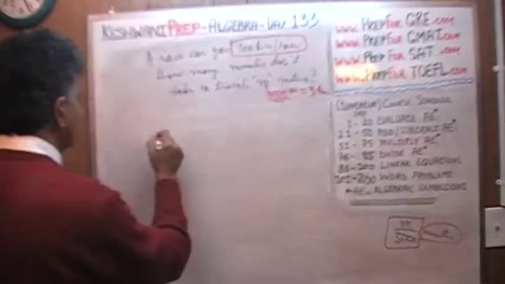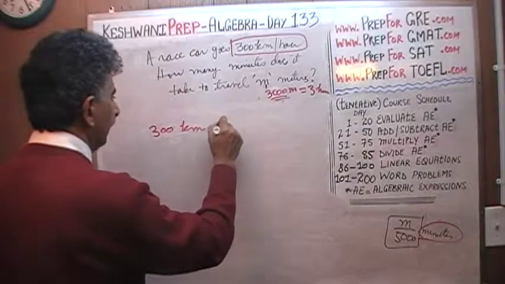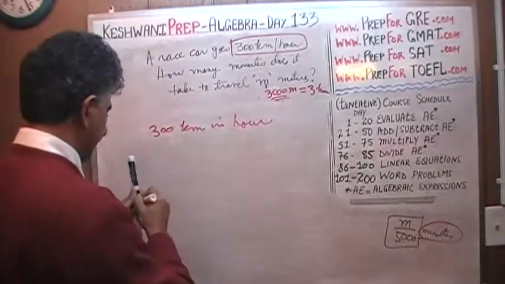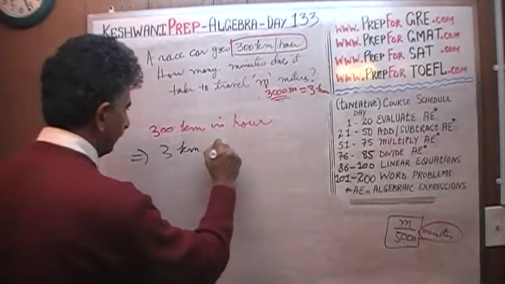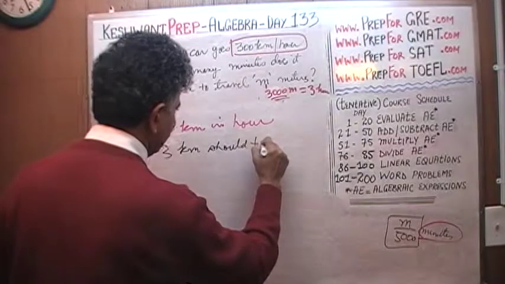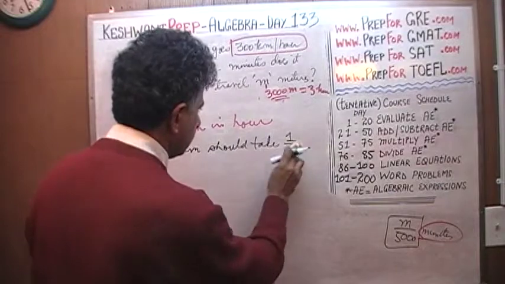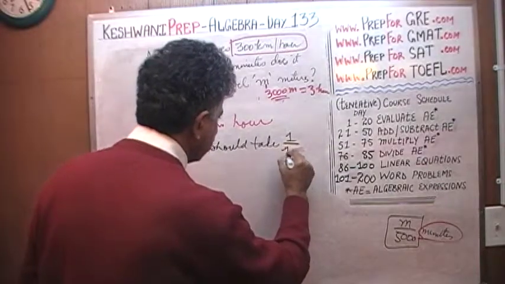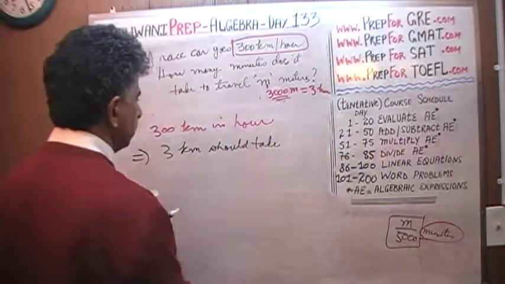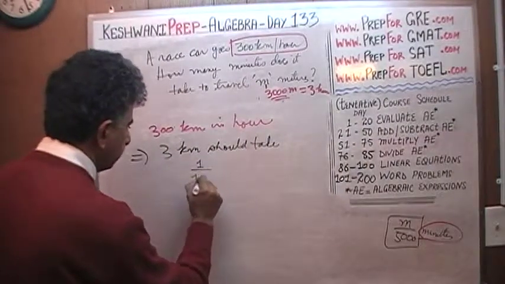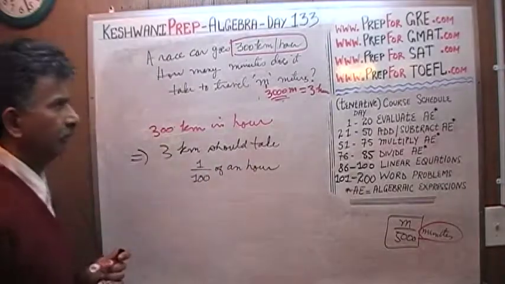So here's the question. 300 kilometers in 1 hour implies that 3 kilometers should take 1/100th of an hour. But this is in minutes.